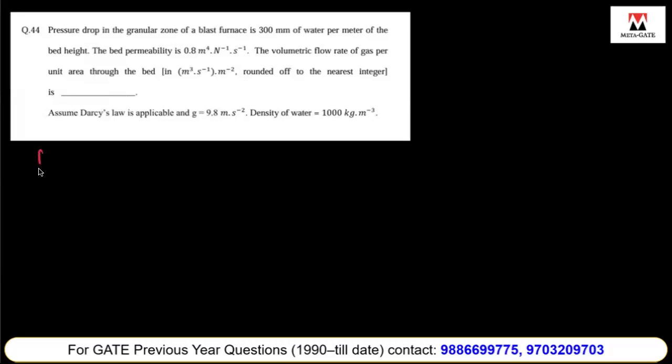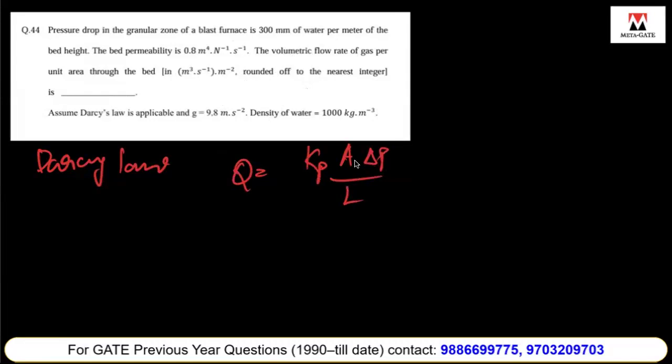So we know Darcy's law is used to find the volumetric flow rate. Darcy's law is generally given by volumetric flow rate Q is equal to Kp into A into delta P by L. So this is nothing but the pressure head, whatever is present, and the bed permeability, you multiply it with that. The bed permeability here we are writing as Kp, which is 0.8 into area.